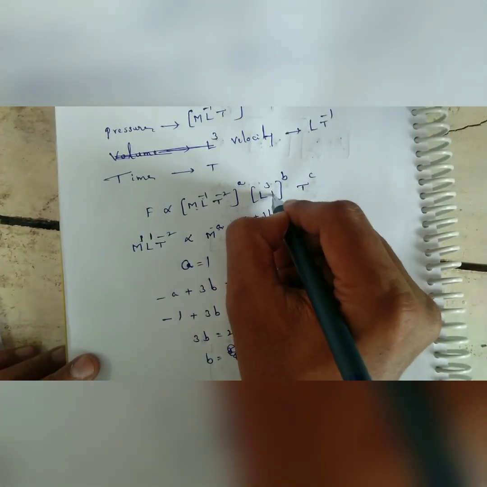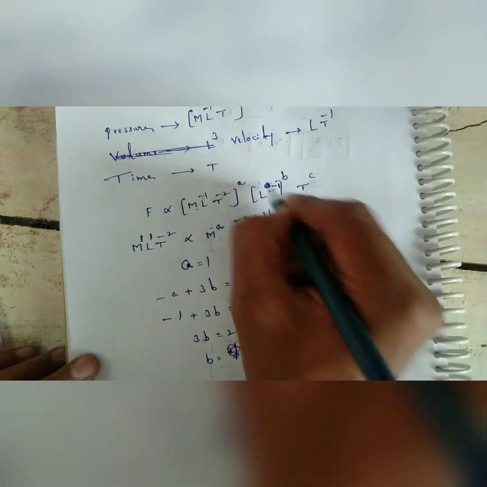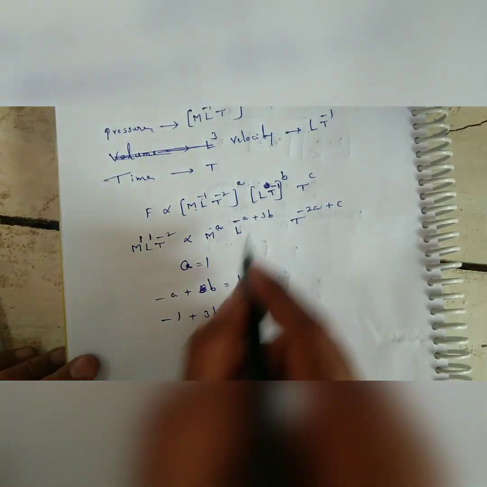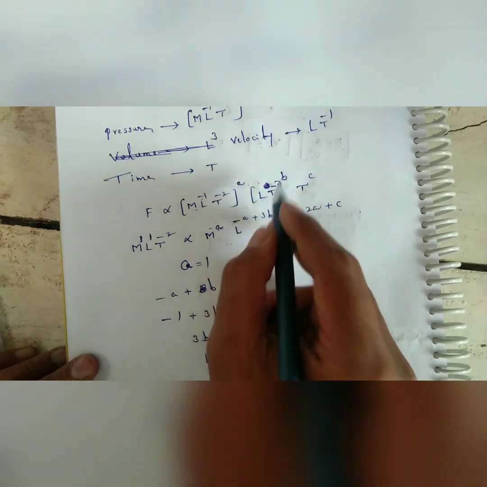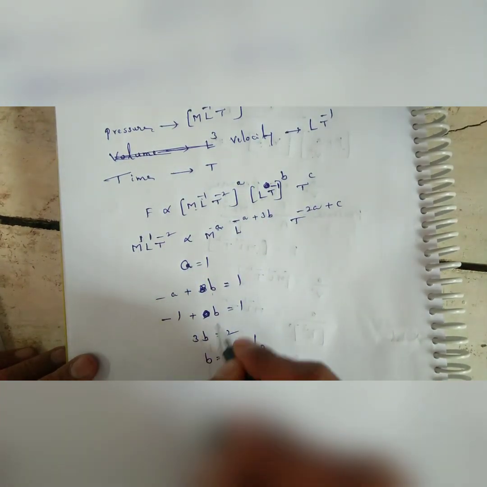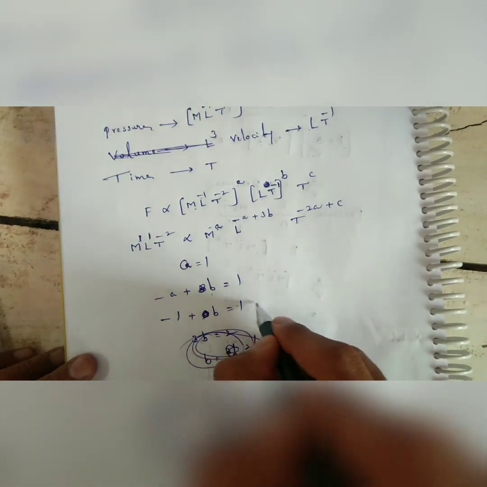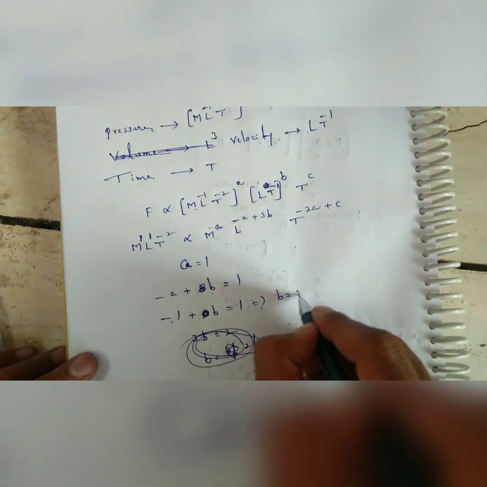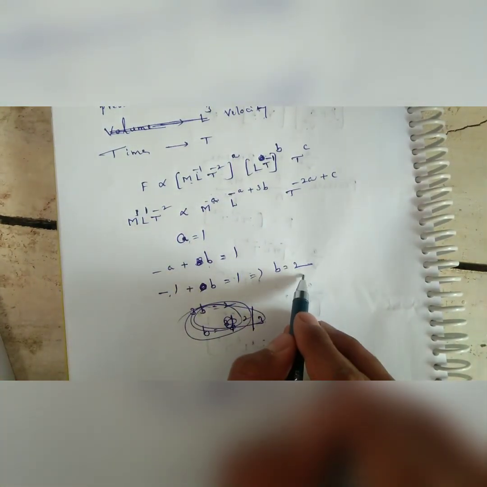If you substitute L T minus 1, here you will get L power B. So it means minus A plus B is equal to 1. Then B is equal to, send the minus 1 to that side, 1 plus 1, that is equal to 2. Okay, A equal to 1 and B equal to 2.